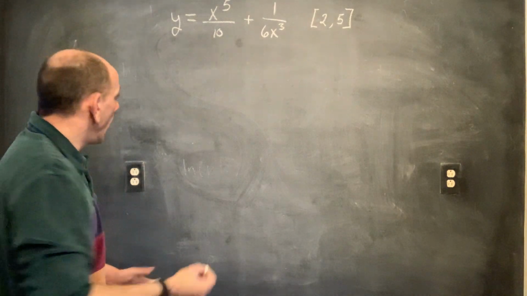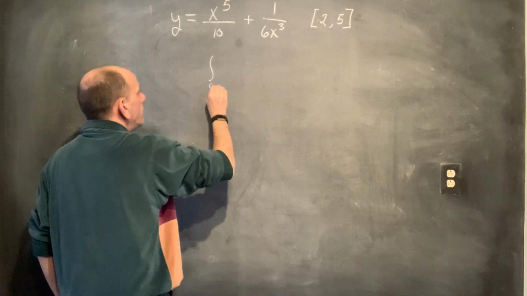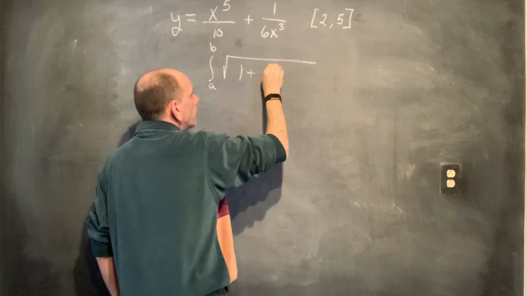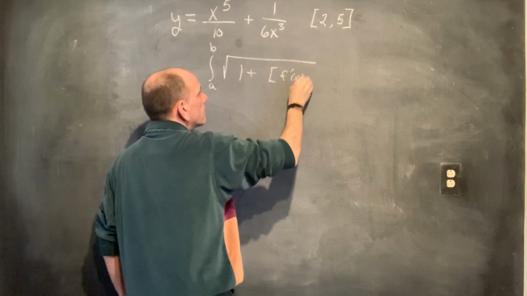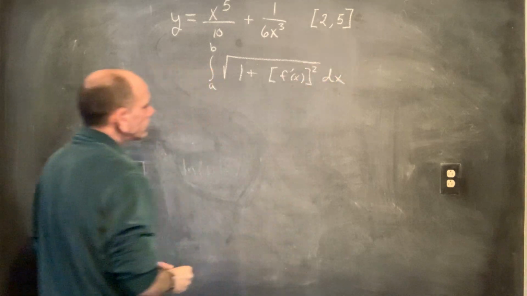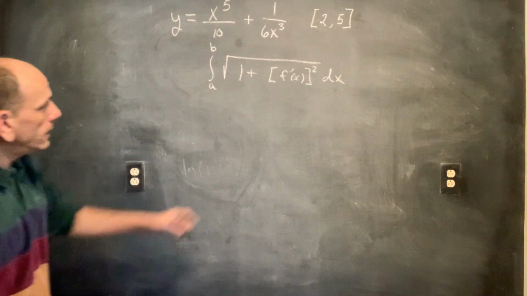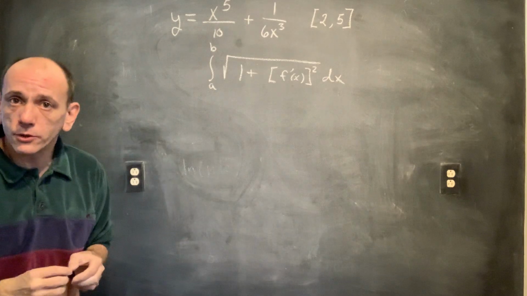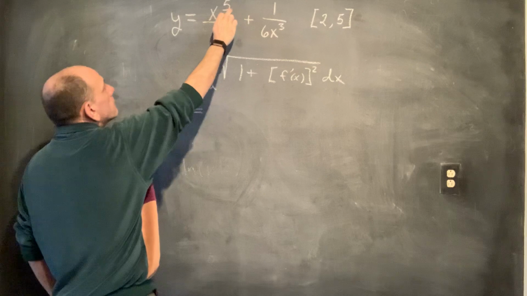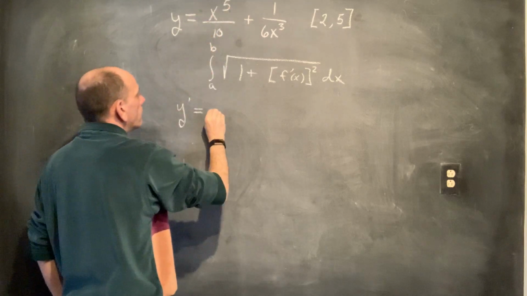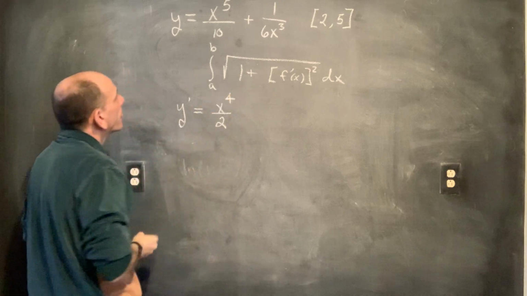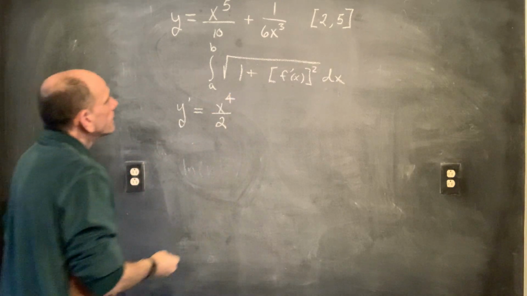So I'm trying to integrate from a to b root 1 plus the derivative squared dx. That means I'm going to need this derivative, so we might as well just do that, yeah? So the derivative of y, see the 5 over 10 will be over 2, subtract 1, x to the 4th.